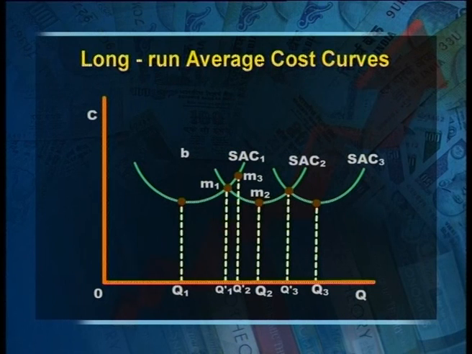It can produce at lower unit cost up to the level Q1. Beyond that point, the short run average cost curve seems to be rising. At point Q1 prime, the firm's costs with small and medium plants are equal, as shown by point M1.